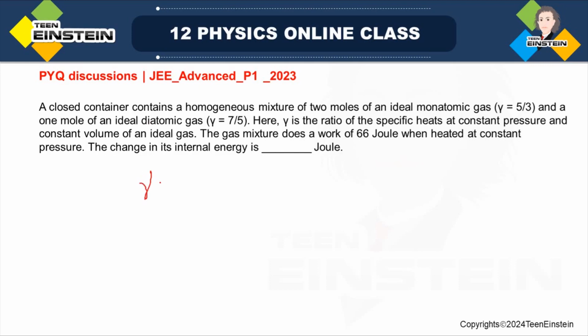So gamma is Cp/Cv. Cp is the molar specific heat at constant pressure and Cv is the molar specific heat at constant volume. The question further says the gas mixture does a work of 66 joule when heated at constant pressure. The change in its internal energy is dash joule. So you have to fill this gap.